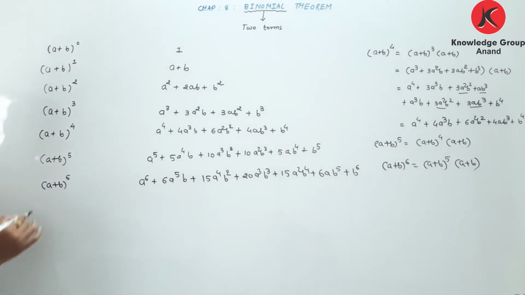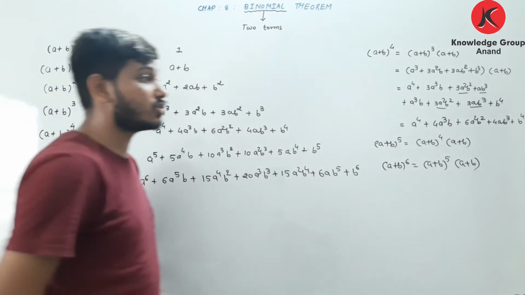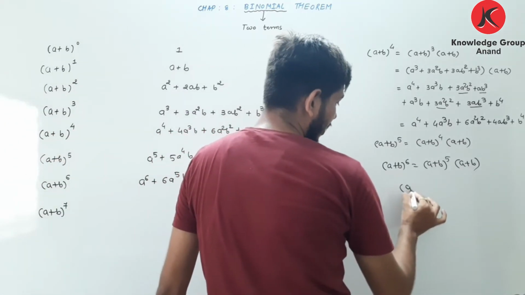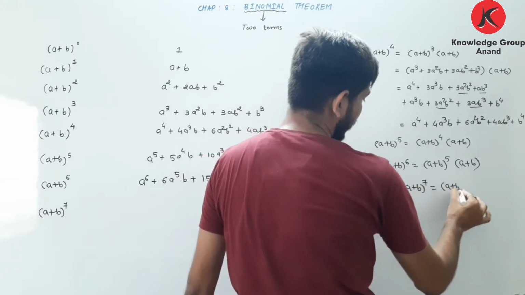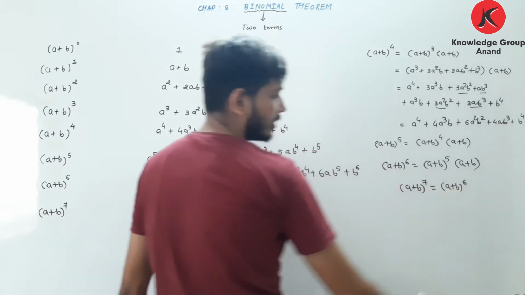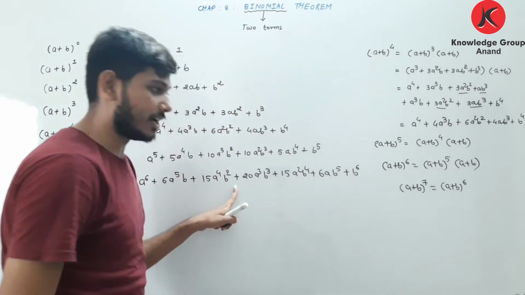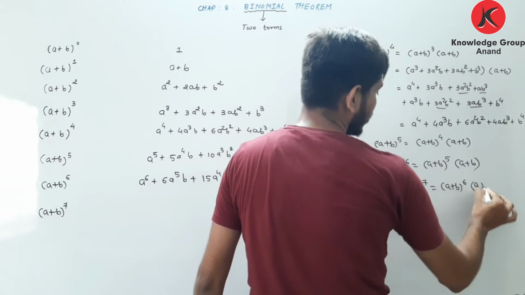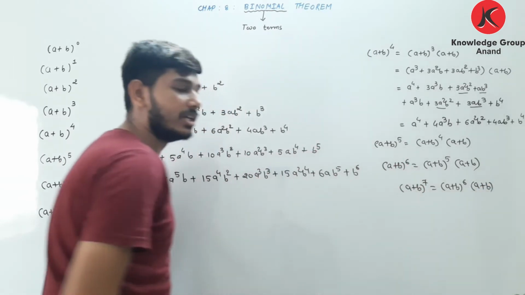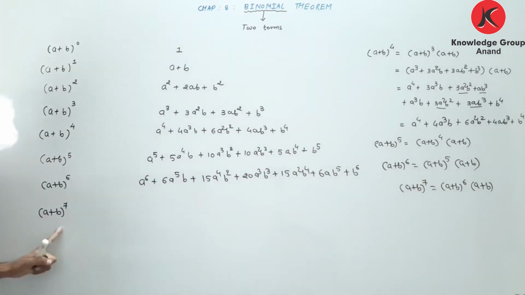Now, if we want a plus b raised to 7, then what do we have to do? We calculate by use of a plus b raised to 6, this answer here, into a plus b. Then we will get a plus b whole raised to 7.